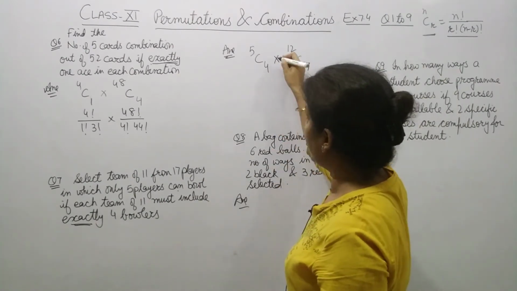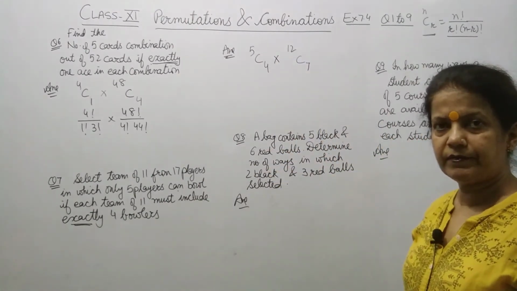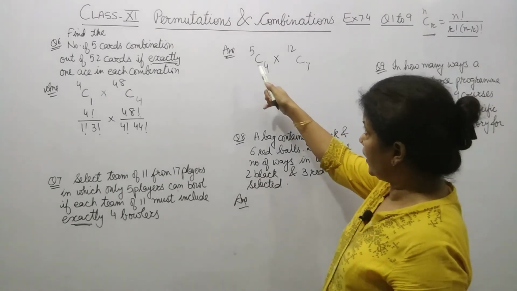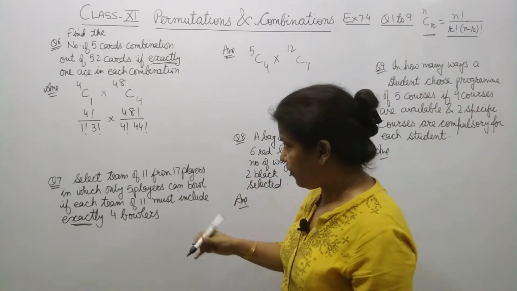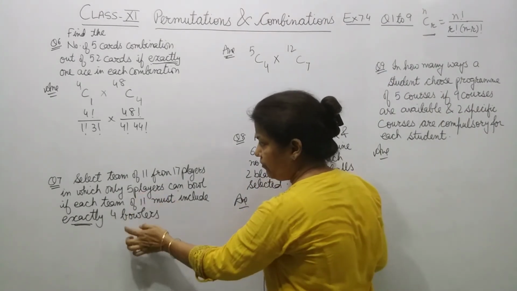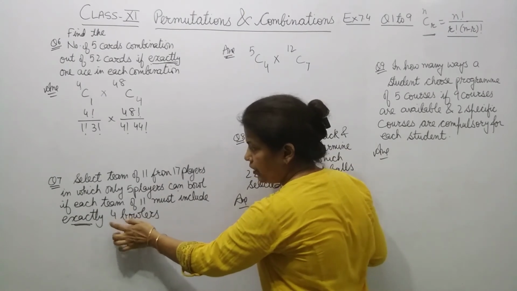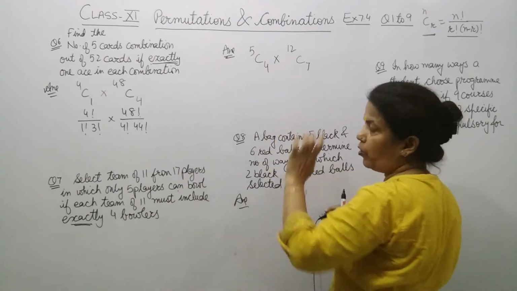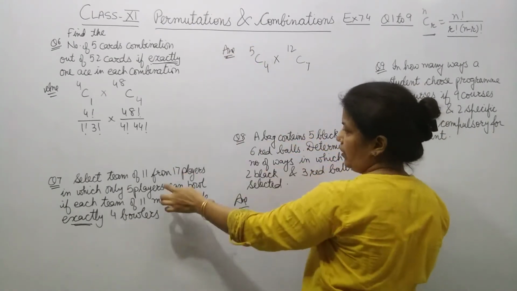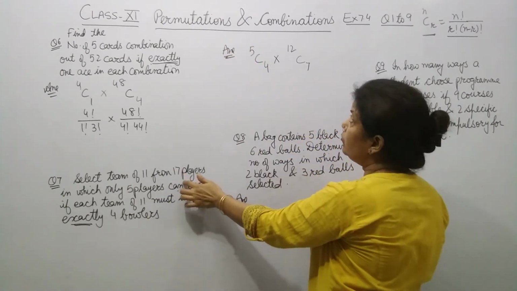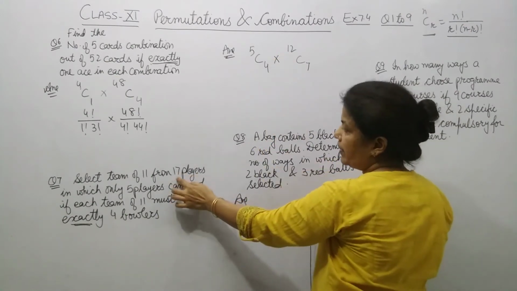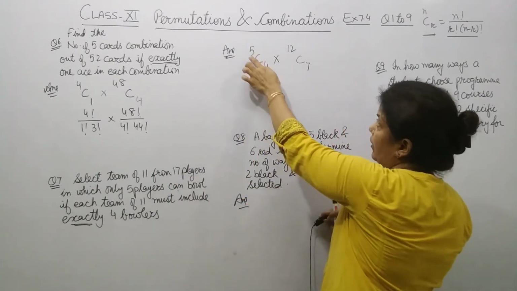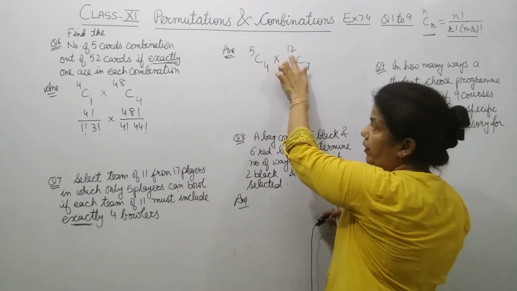Now multiply them together. Okay, once again, out of 5 exactly you have to select 4 bowlers. So out of 5, 4 bowlers, so these 5 players are already done. Now the left players, total players are 17, so the left out now is 12 players.